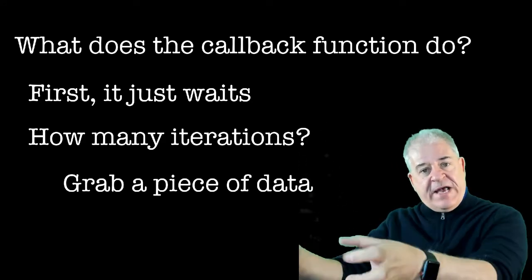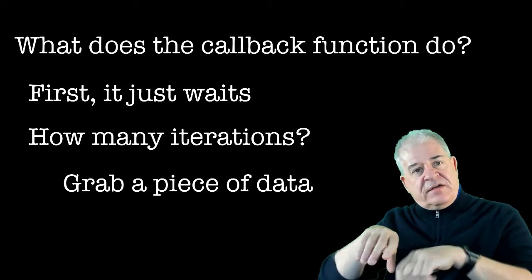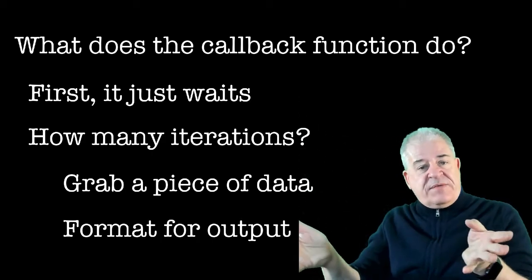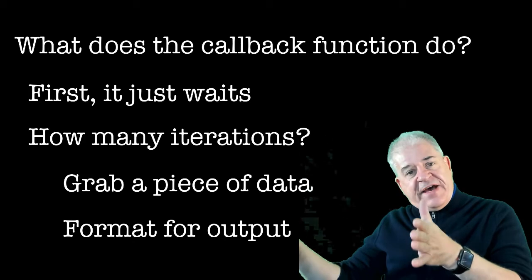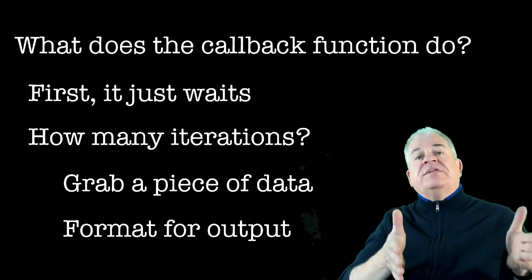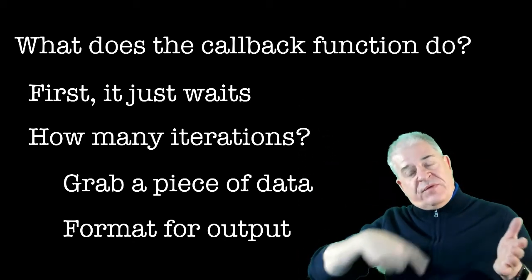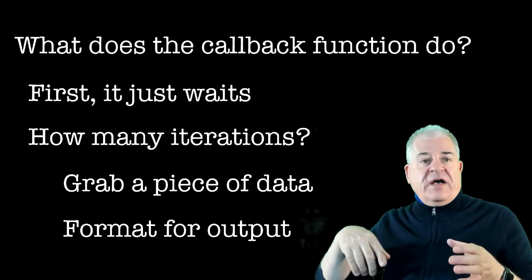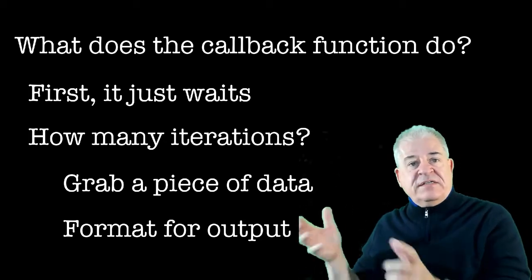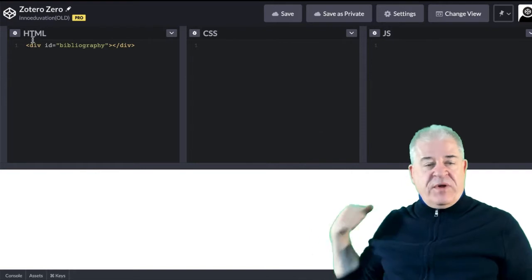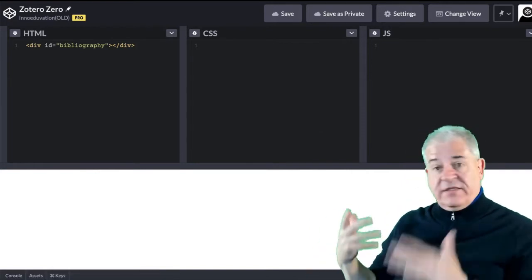We're going to grab the bibliographic information, put some HTML tags around it, take that string and stick it into an output string, which once we've gone through the 4 times, we will then stick into the inner HTML of our div on our web page, and it's going to work just like this.